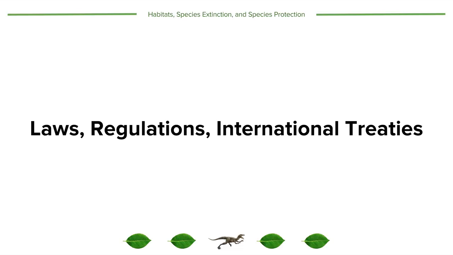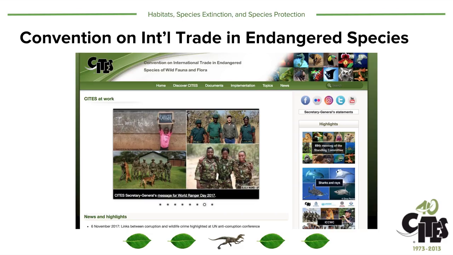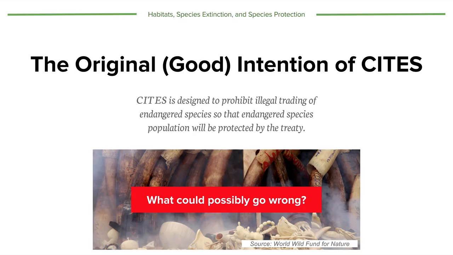Okay, so to protect species, we have some laws, regulations, and international treaties. We have gone over 3 major international treaties in class. We talked about CITES, the organization that tries to prohibit international trade.